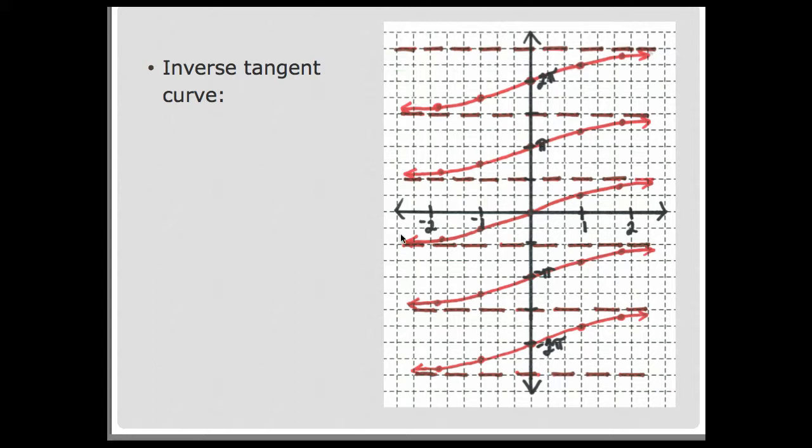They went easy, and they went with the one in the middle, right here, that passes through the origin. All right, again, you have both negative x's and positive x's covered. You have negative angles, some positive angles. You've got a nice mix of both. So the notation we'll see for this, and you can graph this on your calculator if you like, is inverse tangent of x, or you'll have arctangent.